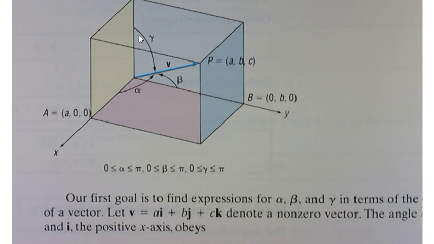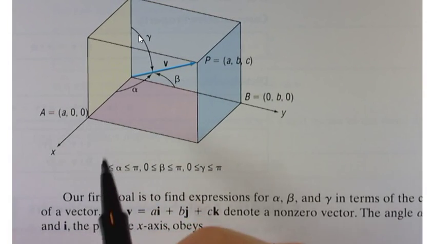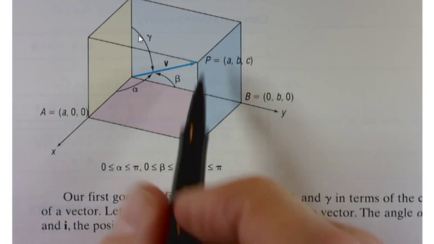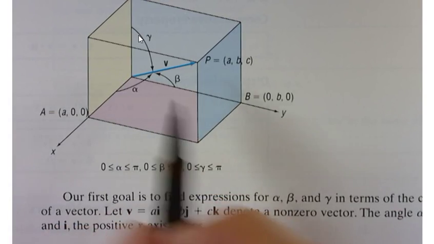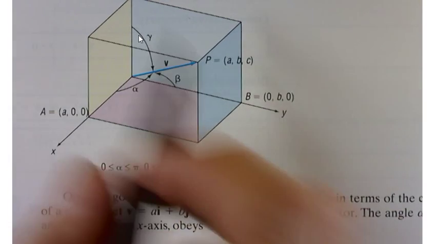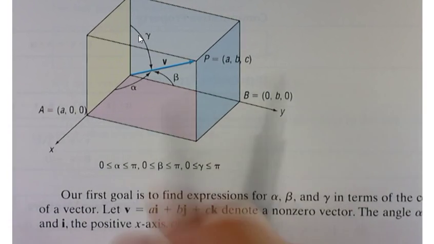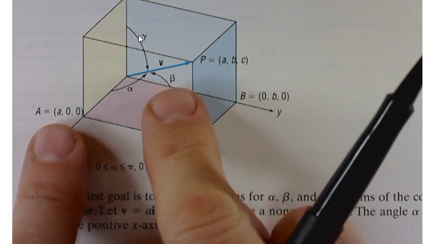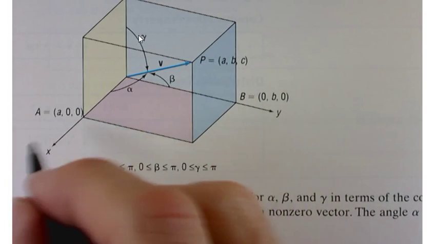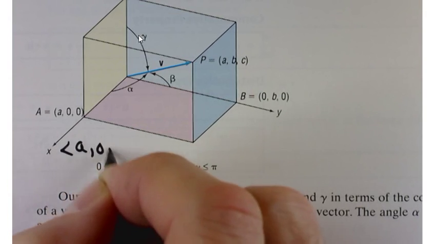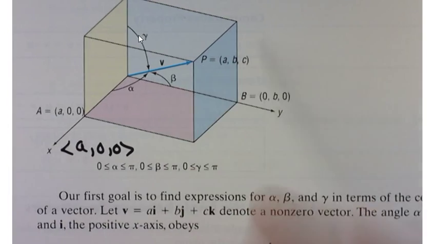So here's a general point, A, B, and C. It has these coordinates along the x-axis, A, 0, 0, and along the y-axis, 0, B, 0, etc. To find this angle, really what you're going to do is find the angle between this vector and this vector. So we're going to treat this as A, 0, 0 and find the angle between these two vectors.